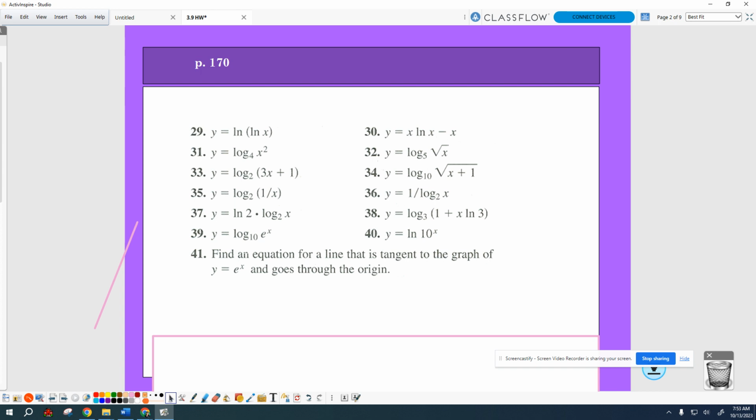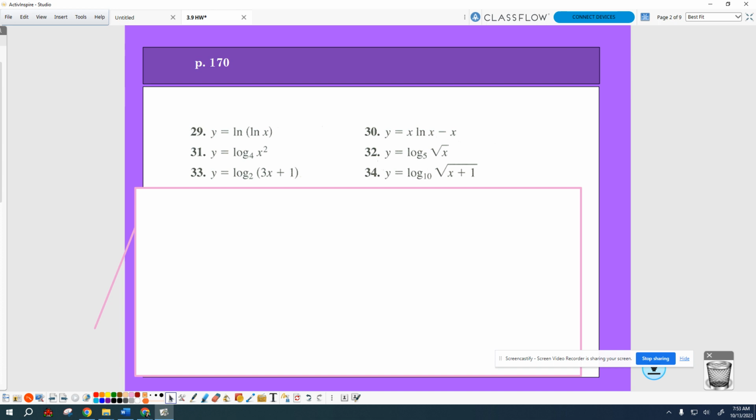Anything else from this page? Yeah, could you go to 33? Same thing. I don't do that other pattern. So natural log of the top over natural log of the base. Natural log of 2 is just that.